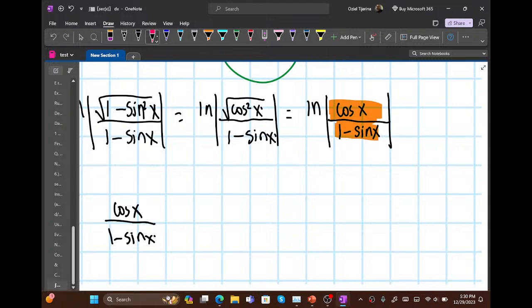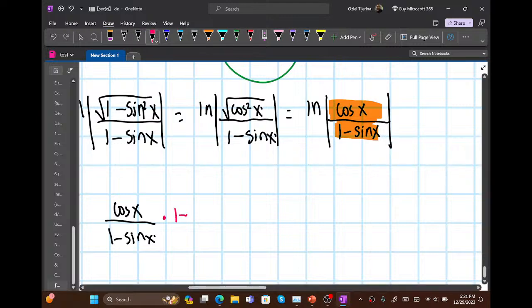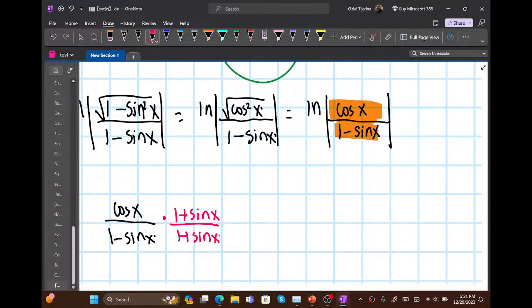We're gonna multiply by the conjugate of that, to get it so that on the bottom it has a 1 plus, or a cosine squared x on the bottom.